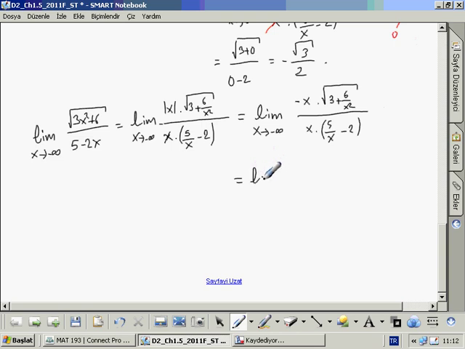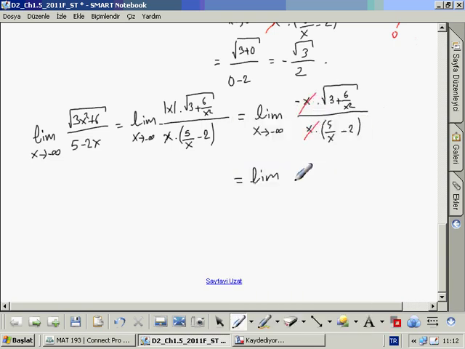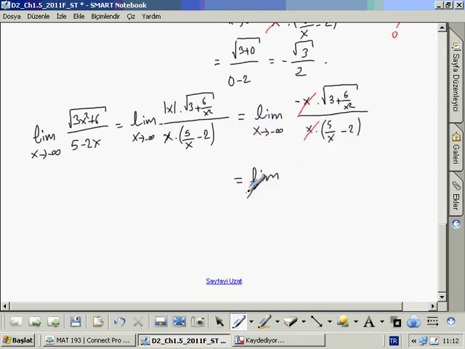Then this part will be cancelled but the minus will remain, so the limit as x goes to minus infinity of minus the square root of 3 plus 6 over x squared, over 5 over x minus 2.